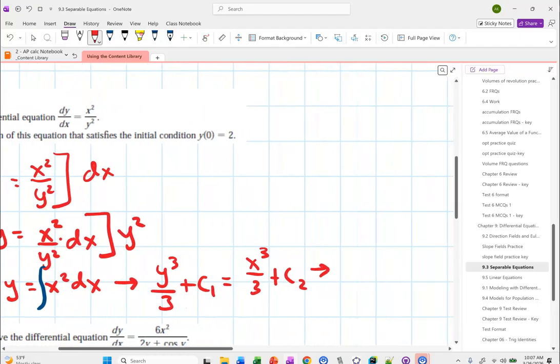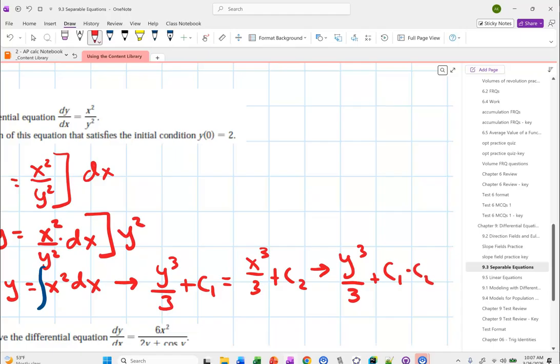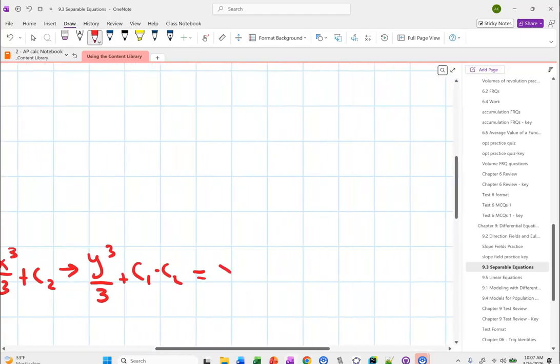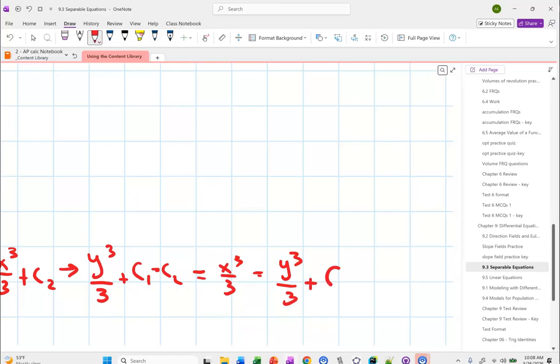If I subtract, say, c2 from both sides, I have something like this, and c1 minus c2 is still just a constant, right? So we just put one c on one of the sides and call it good. Does that make sense as to what happened? That's why there's just one c, and it doesn't matter which side you put it on. Okay?